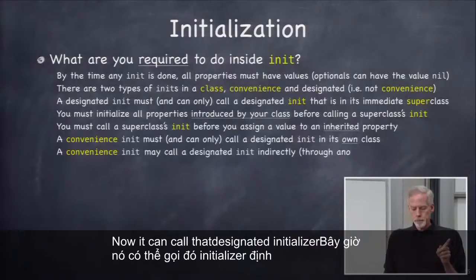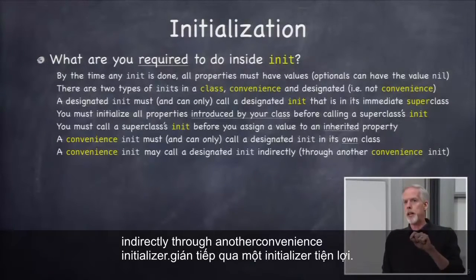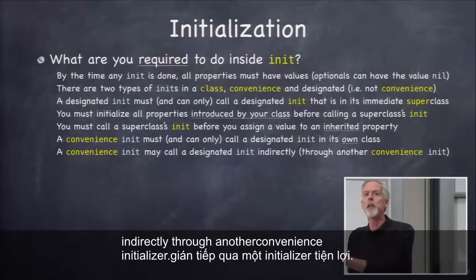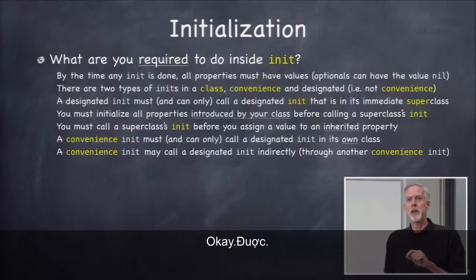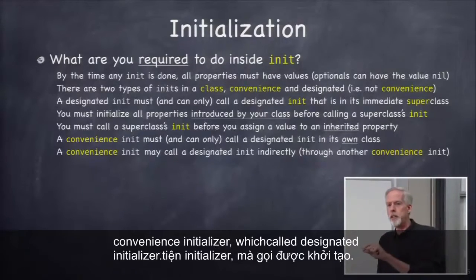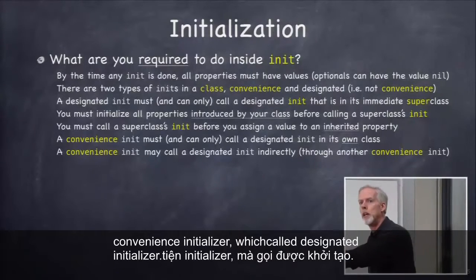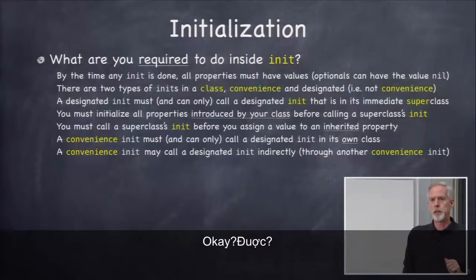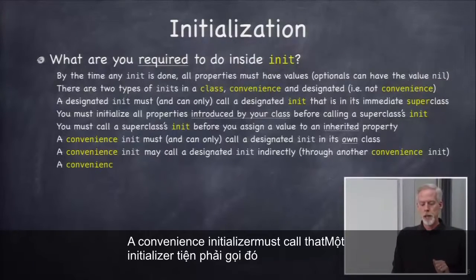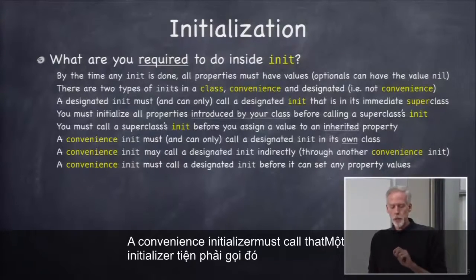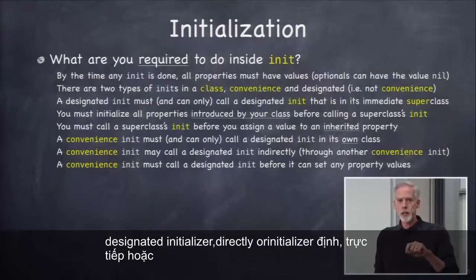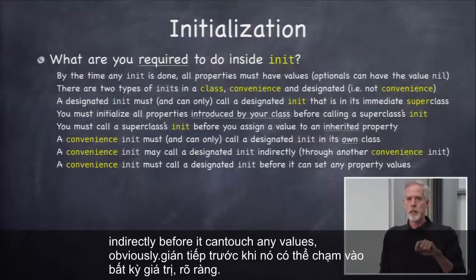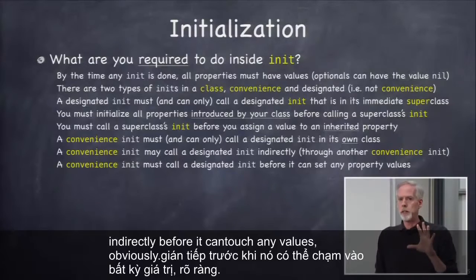Now, it can call that designated initializer indirectly through another convenience initializer. So one convenience initializer could call self on another convenience initializer, which calls a designated initializer, but eventually a designated initializer must be called.